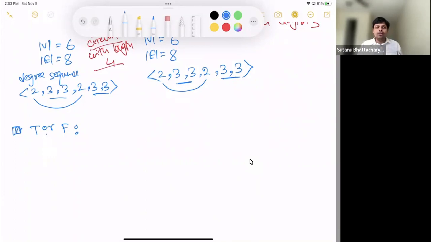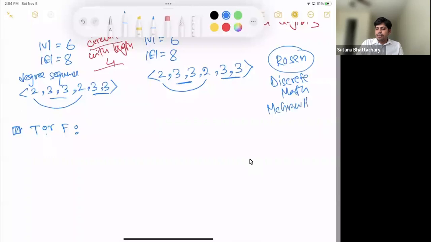I am using one textbook. It is a very famous textbook, Discrete Math by Kenneth Rosen. The writer name is Rosen. Kenneth Rosen, Discrete Math. It's McGraw publication. When I was a student, I also followed this textbook.